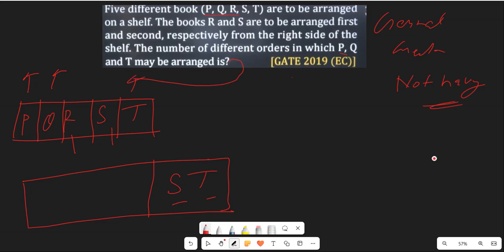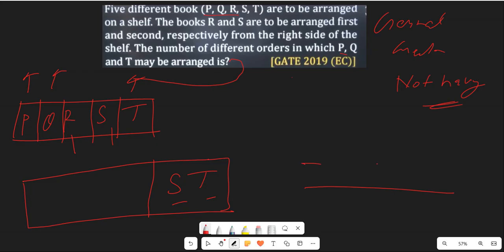How many total books are to be arranged on the shelf? R and S are already arranged, so only P, Q and T remain.